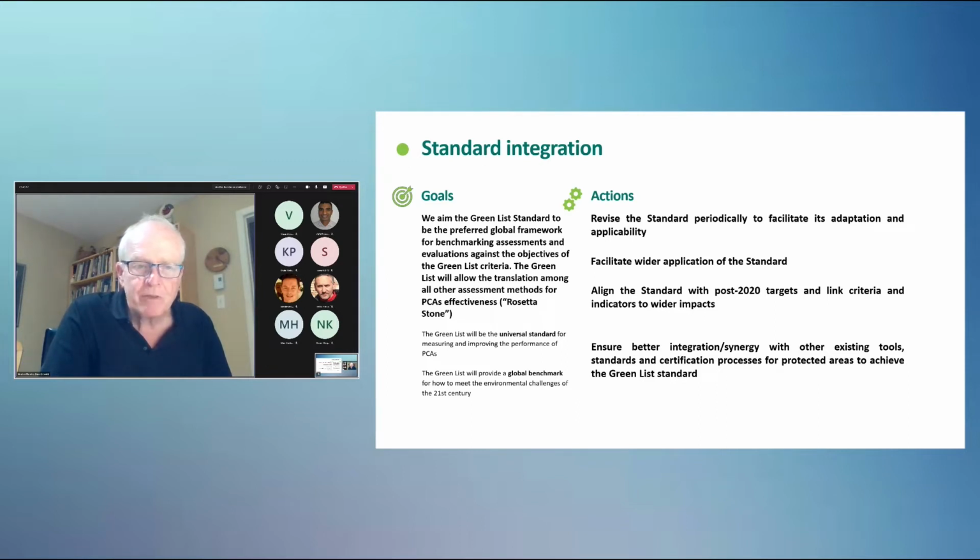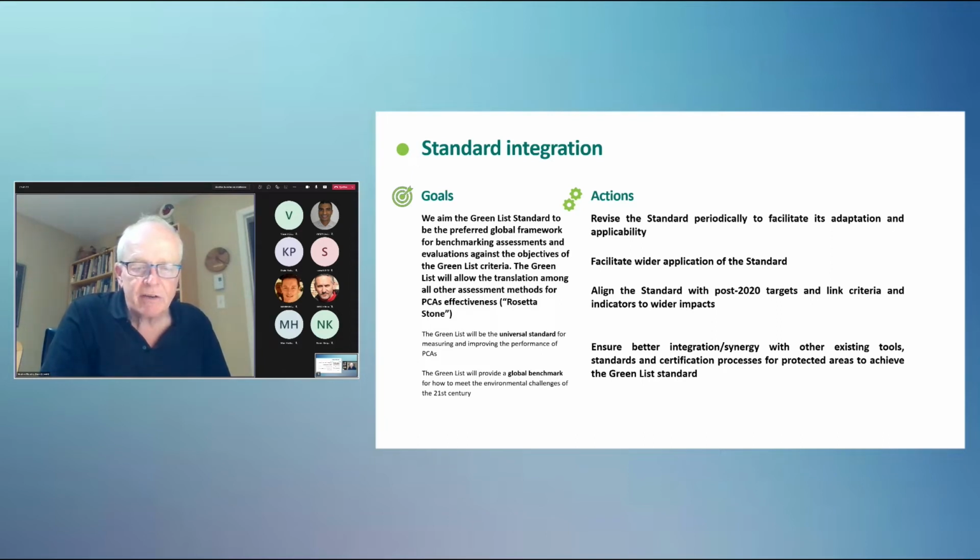We will adapt it, make sure that it's applicable to a wide range of situations, and that it is linked to and inclusive of as many of the PAME tools as possible, because we really want to facilitate a wider application of this standard. Currently, most countries, most agencies get involved with the Green List with the idea of certification.